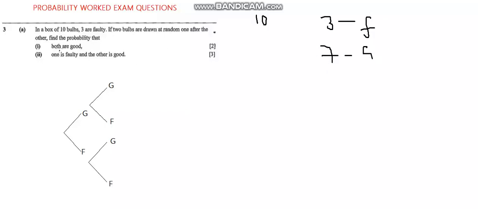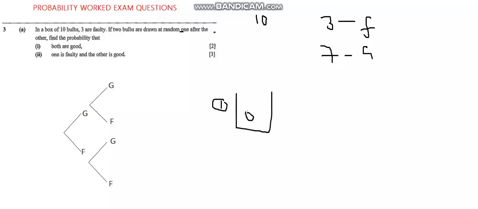Before we answer question 1 and 2, let's understand what a tree diagram is. It will enable us to understand these questions. We have 2 selections. We have the first selection. They are saying it's one after the other. When they say one after the other, it means without replacement. That means when they picked one bulb, they didn't take it back. Let's call this a box.